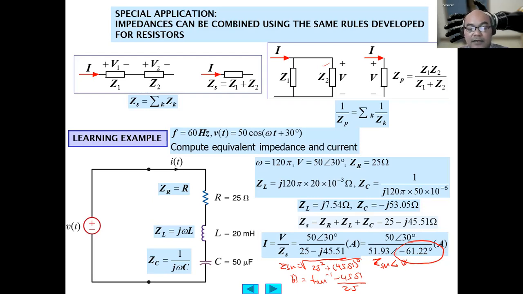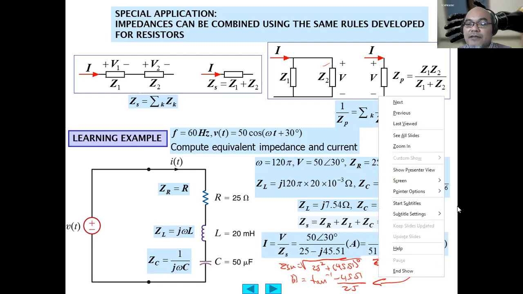Then take the arctangent of this, which is minus 61.22 degrees. Okay, that's correct. So the angle that we obtain is minus 61.22.